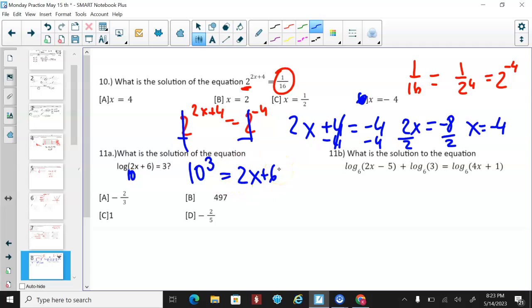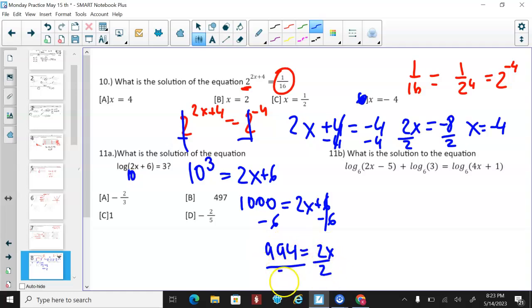Now, 10 to the 3rd power is 1,000, equals 2x plus 6. Going to subtract 6 from both sides. This is going to be 994. That equals 2x. And to solve for x, all I have to do is divide by 2. So x will equal 497. All right.